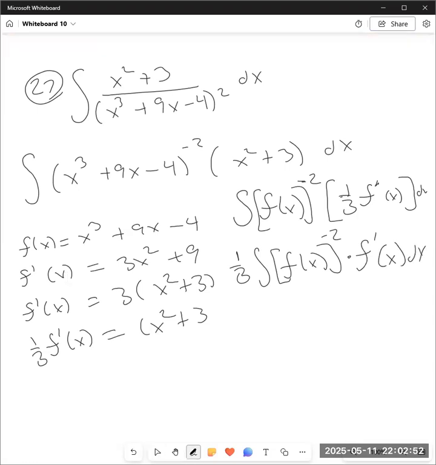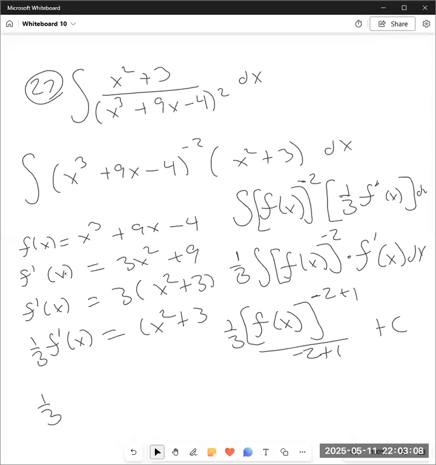And I want f of x to the negative 2. So 1/3 f of x to the negative 2 plus 1 over negative 2 plus 1, plus c, is going to give me 1/3 of f of x, which is x cubed plus 9x minus 4, raised to the negative first over negative 1 plus c.